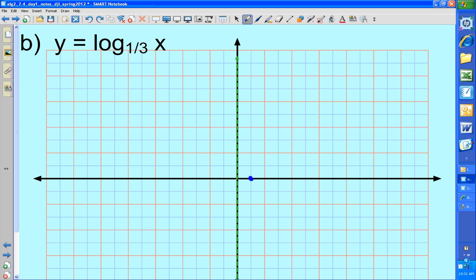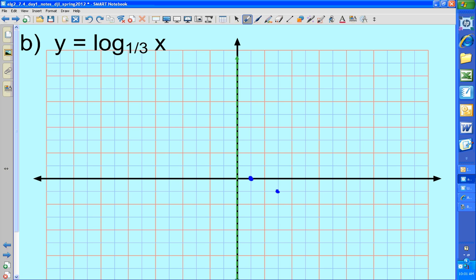Down 1. What's 1 divided by 1/3? 3. So right 3. Is that what it says? Right 3, down 1. Perfect. Anna, last one. Sorry, I got you with a mouthful.